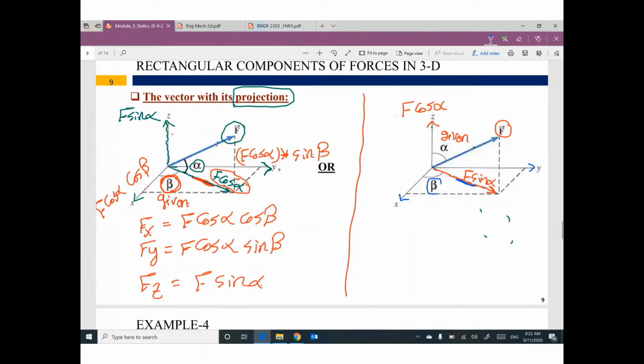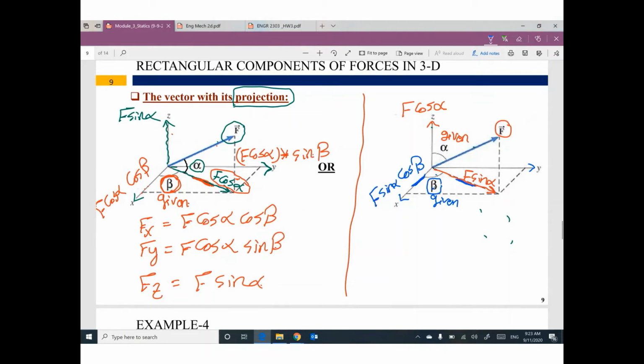I don't care. Please go ahead and see which angle is given. The adjacent component will be cosine. So the component adjacent to this angle beta is x. So this one will be cosine beta. So we have F sine alpha cosine beta.